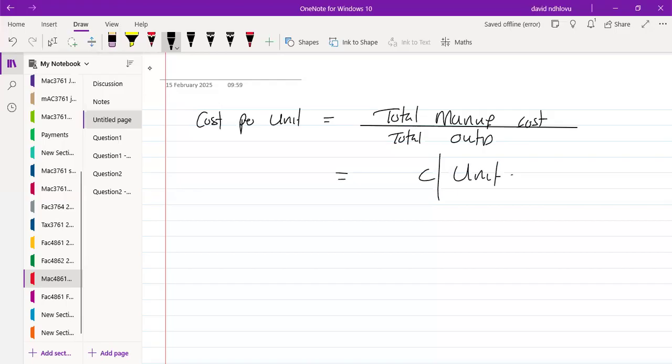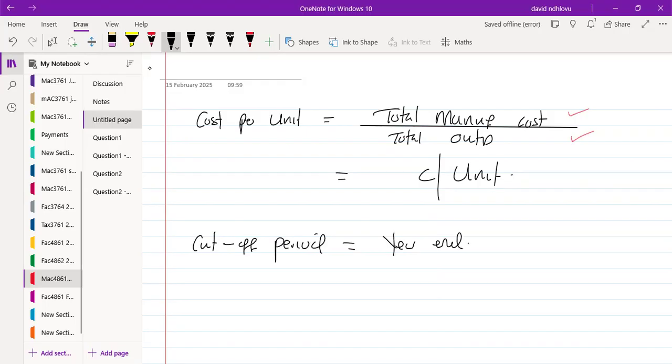Per unit. Now, for you to be able to calculate this, you need to get to a point in a year when you can determine the total number of units produced, and then you can add the invoices for costing and get the total manufacturing cost. So this normally works with a company that has a cutoff period, what we normally call your year end.